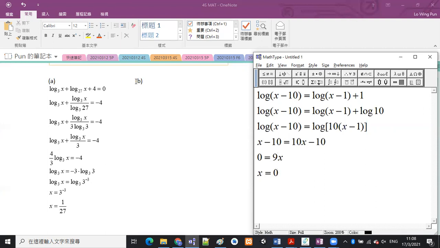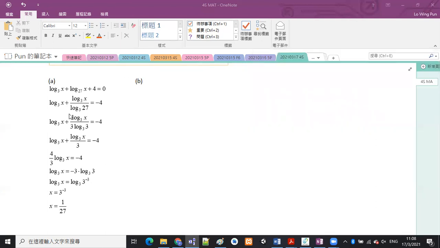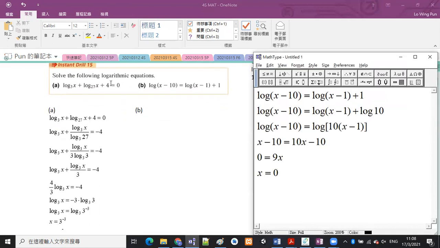Can you get this? But because the original equation has a log here, okay, we need to put our answer back into the original equation to see whether we will have math error or not. But this time, when x is 0, then when you put it back to the equation, left-hand side is log negative 10.